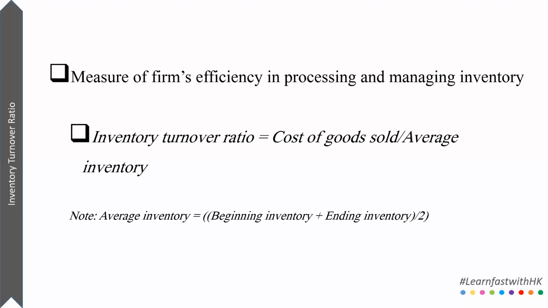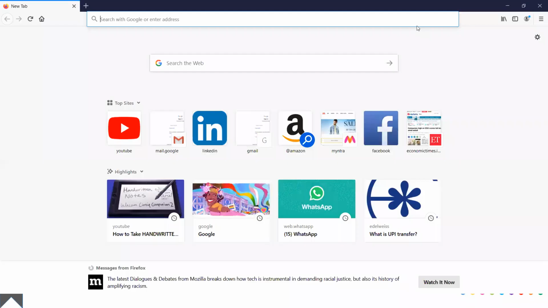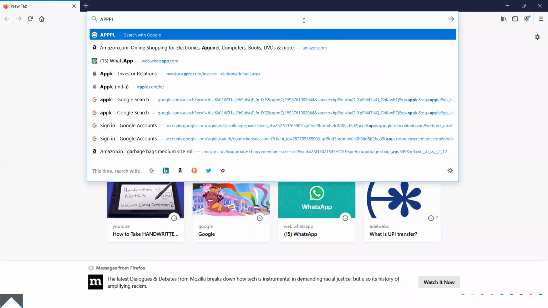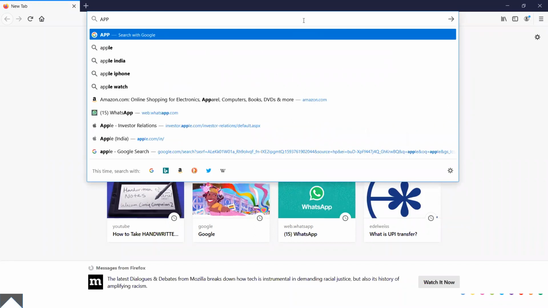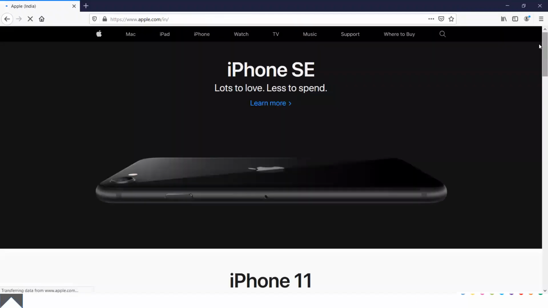Now, the example that I'm going to take today is the company Apple. Let's go to its website and fetch its financial statements.